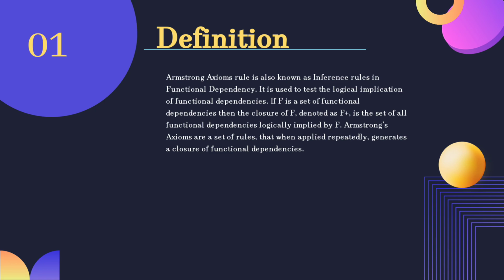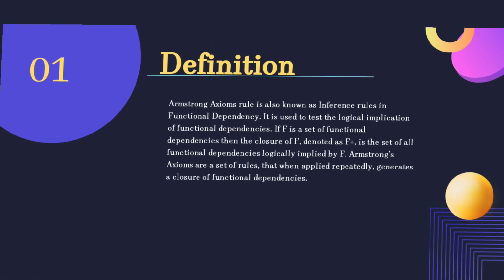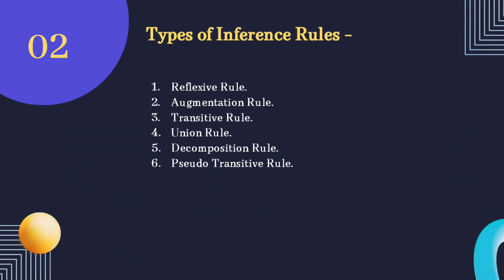Using these rules, we can determine all the functional dependencies that exist in our relation or in our table. So to find these functional dependencies, we use the axioms rule. Basically, there are a total of 7 axioms rules, in which 3 are primary rules and 4 are secondary rules.